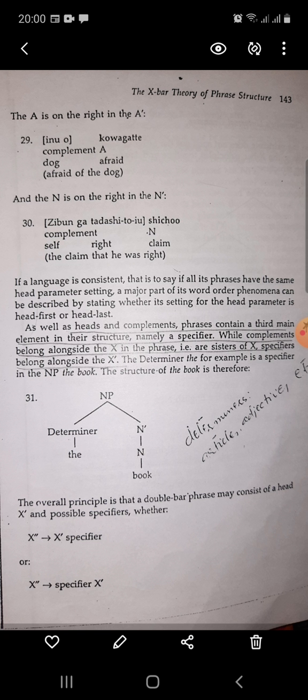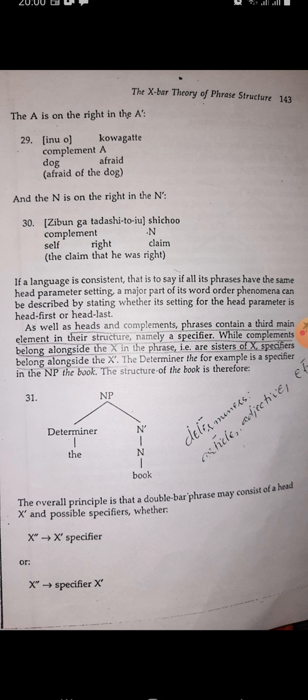So here the importance of X-bar syntax or X-bar theory comes in: if we look at the structure of phrases from the perspective of X-bar, immediate constituent analysis, sisterhood or parenthood, then it is evident that specifiers and modifiers are on the level of X bar, not on the level of X.